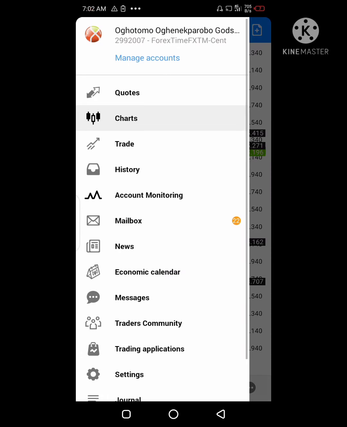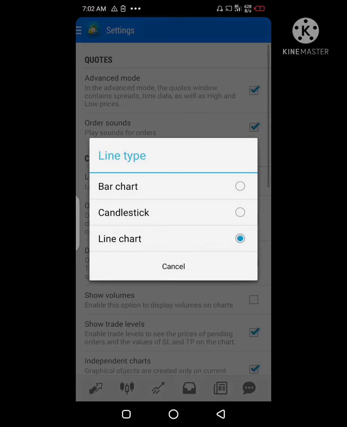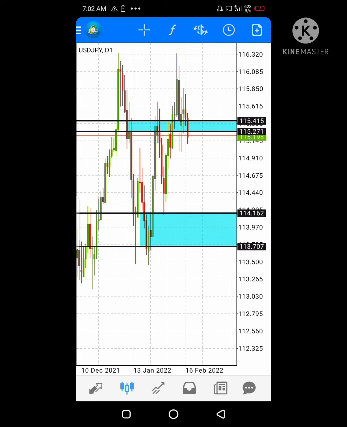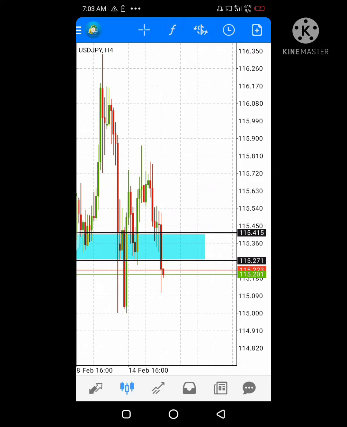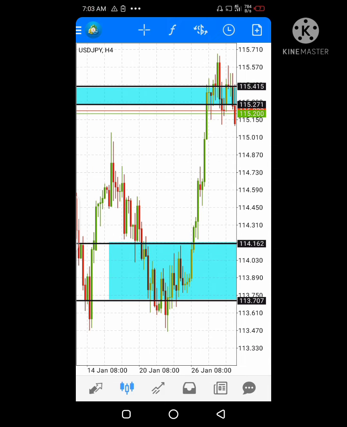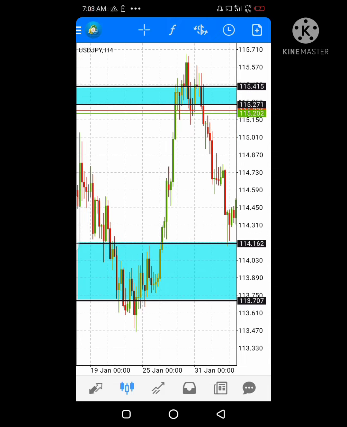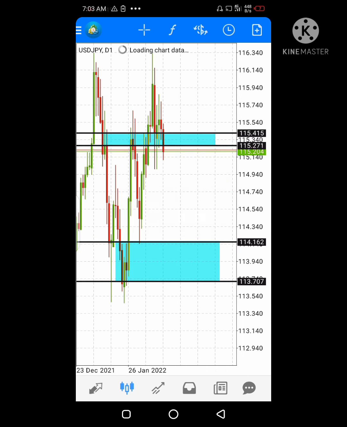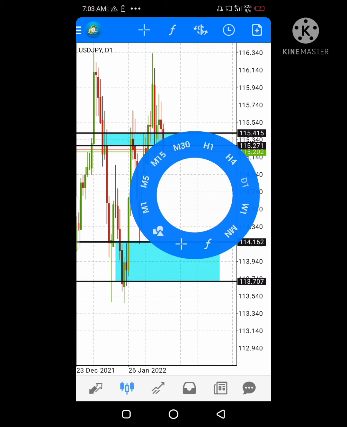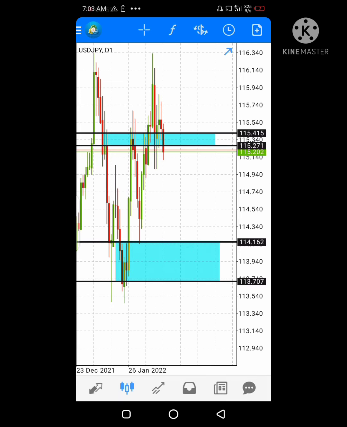So I'm going to change to candlestick. Okay, candlestick, 4 hours first. If you look at 4 hours first, daily, you see a base rally here, so here will be our possible entry for the buy.